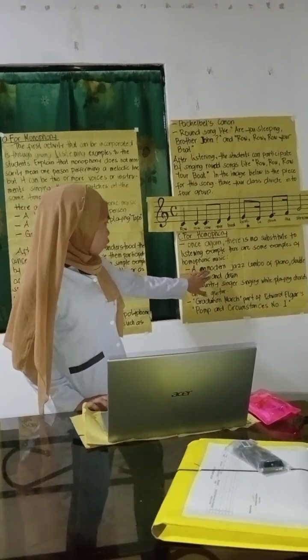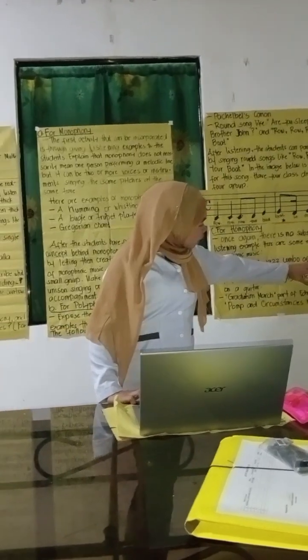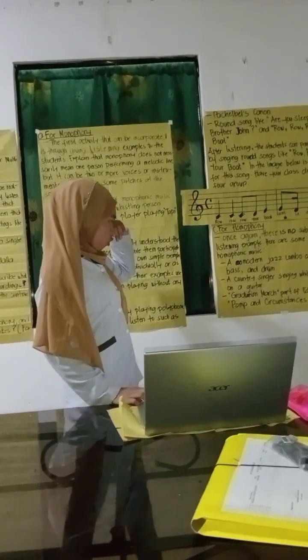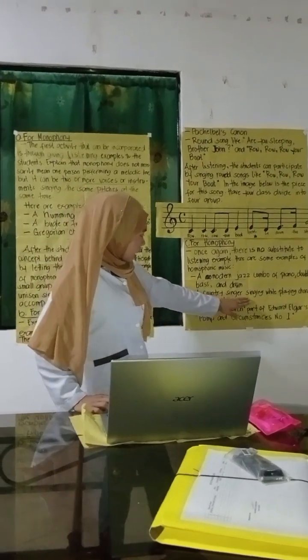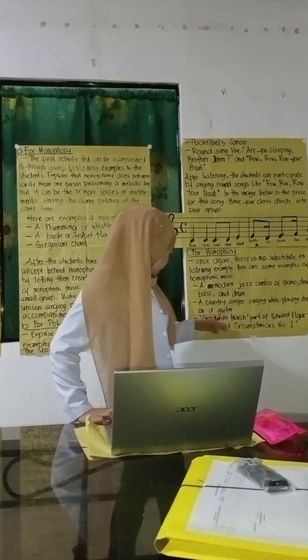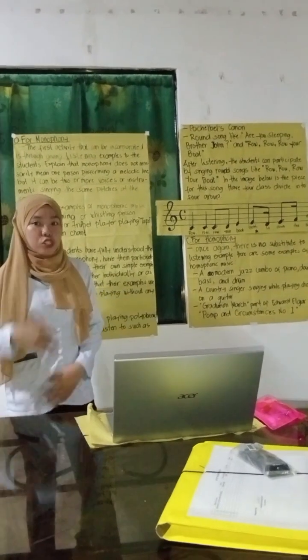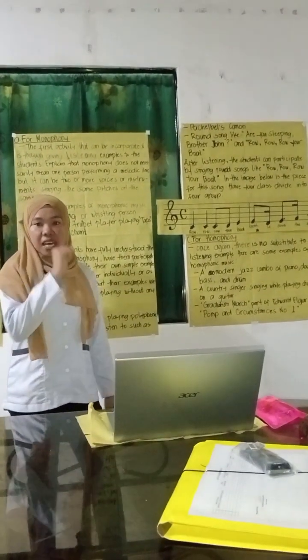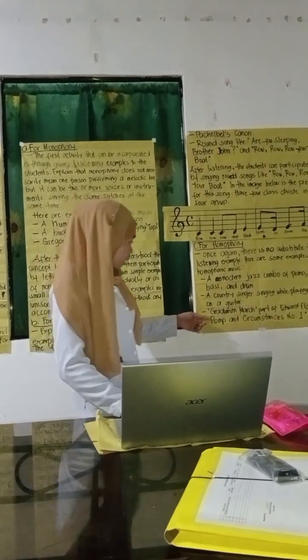First is a modern jazz combo of piano, double bass and drum. Next is a country singer singing while playing chords on a guitar. An example of this is a concert where they sing while playing guitar or drum.